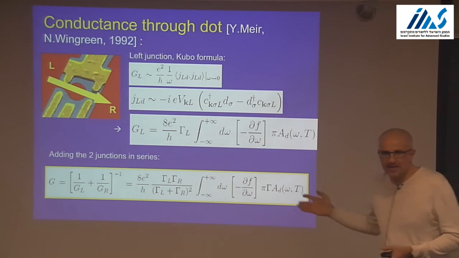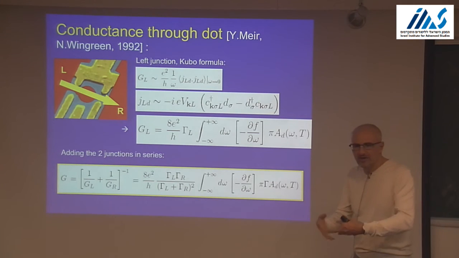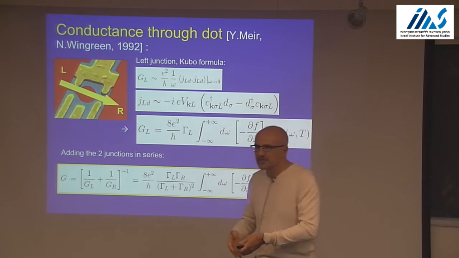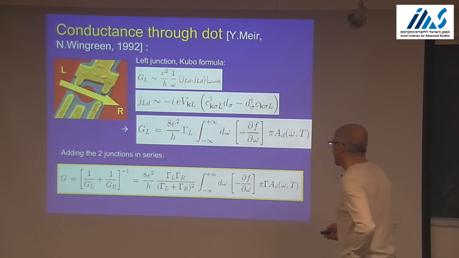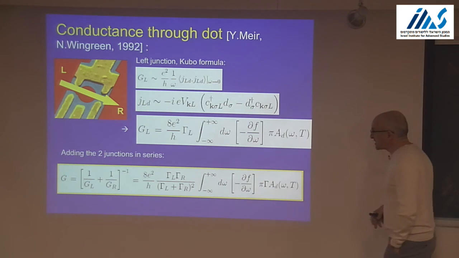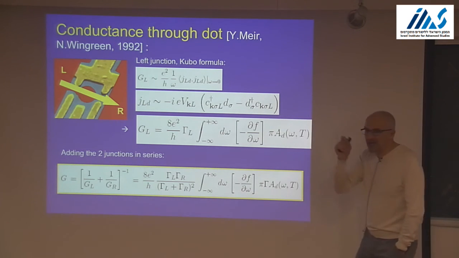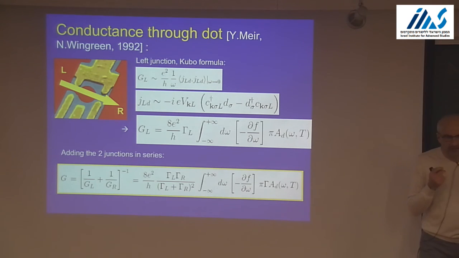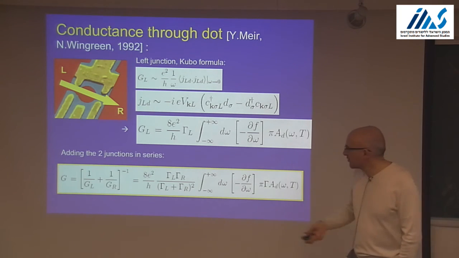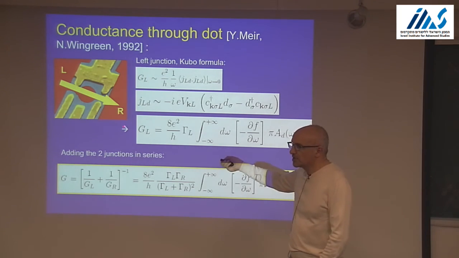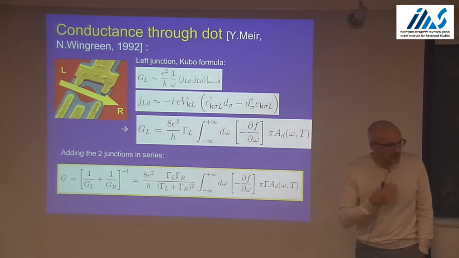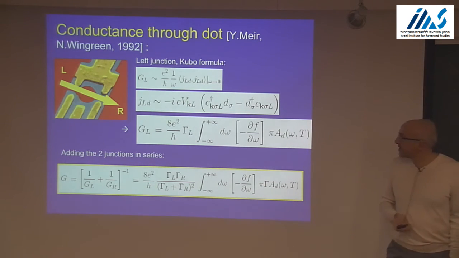So it's one of these cases in which one can derive a Landauer formula for an interacting system. It's a very nice example. But it also tells you that if you're able to say something about the single electron spectral function, you're going to be able to say something about the conductance through the dot, which is not such a trivial statement in the end.